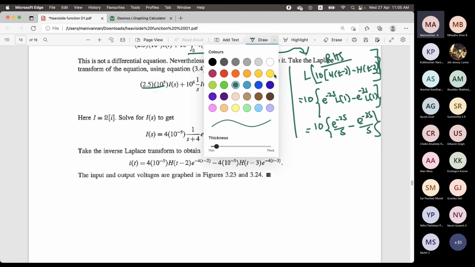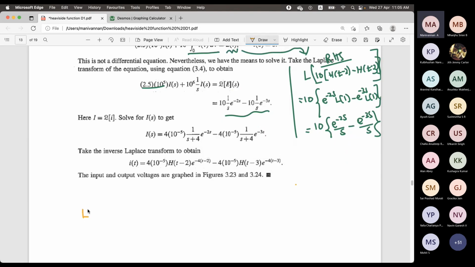Tell me the L inverse for this. L inverse of this first term: 4 into 10 to the power 5 minus 5 I may take as a constant. Then it is e raised to the power minus 2s times 1 divided by s plus 4.